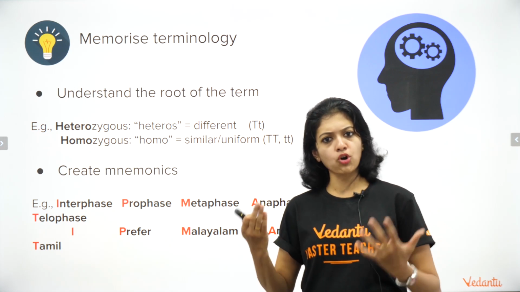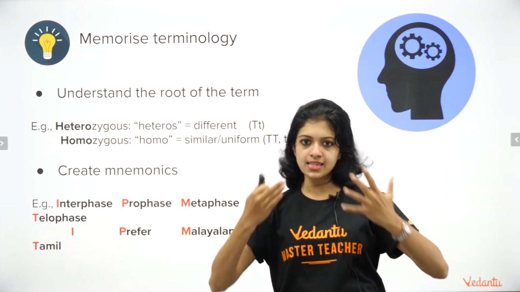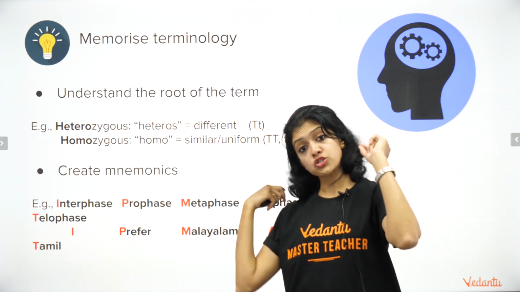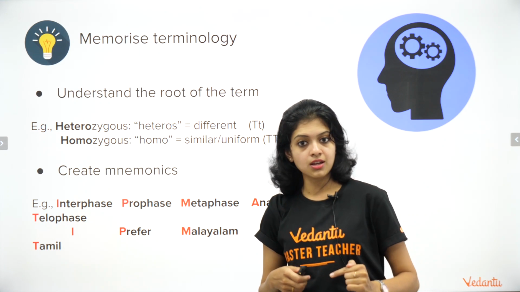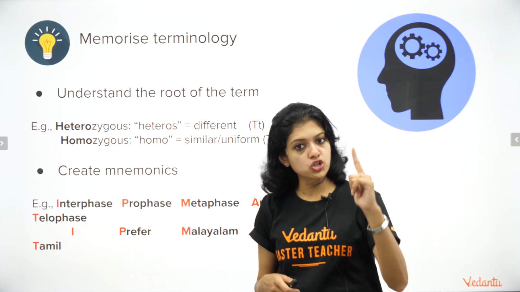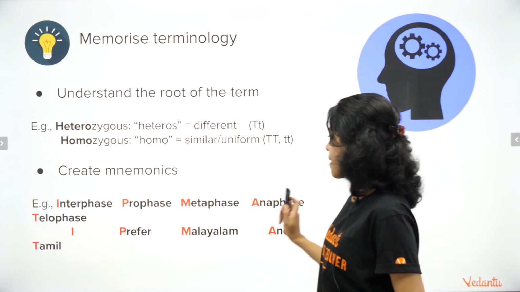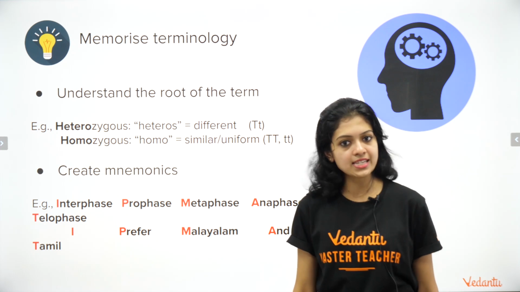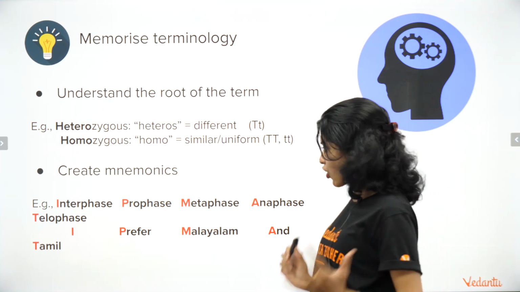How you remember the processes, that's a completely different aspect. You will have to just visualize how it happens and just keep recalling that. But to start with, to remember the names in a sequence of the process, you should be able to have good memory, right? So the simplest trick I could think of: interphase, prophase, metaphase, anaphase, and telophase, right? So that is the order in which the stages in mitosis occur.